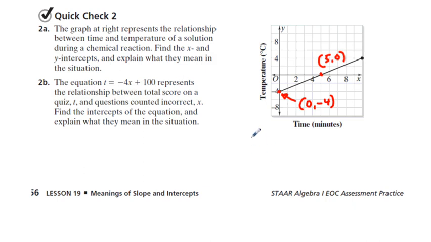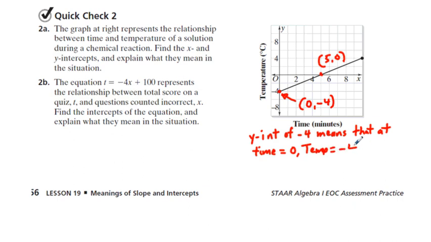Well, what it means is, the y-intercept of -4 means that at time equals 0, or starting time, temperature equals -4 degrees Celsius.